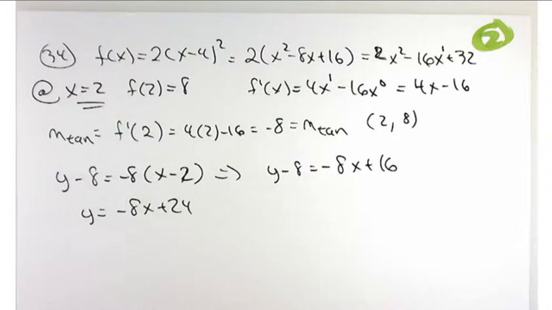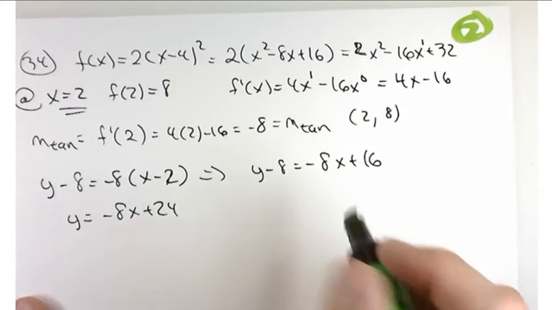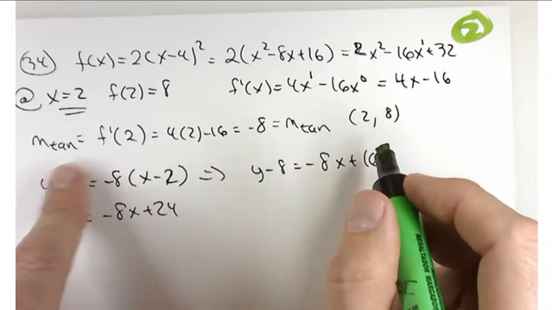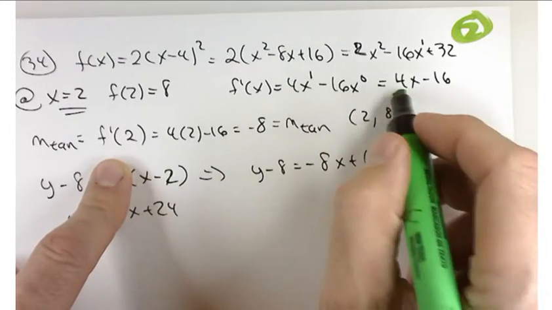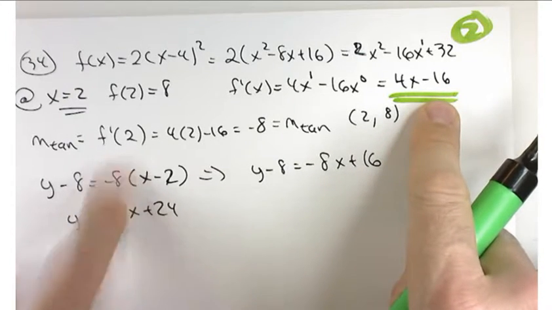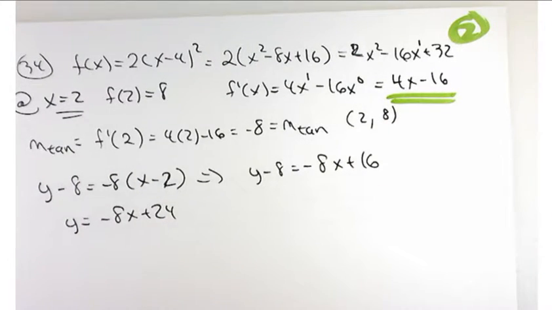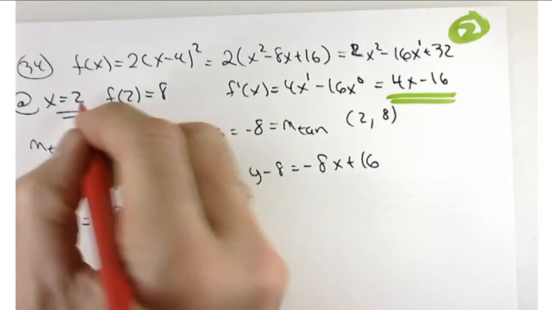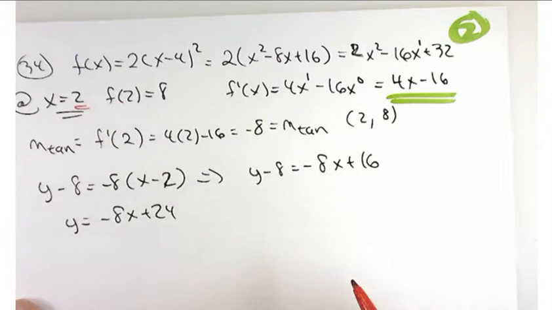Oh, well, there's really a couple steps. The first thing I did was I found this thing right here, which is the derivative. The derivative tells you the slope of the tangent line. So where did we want to find the slope of the tangent line? For what value? Yeah, at x equal 2. Good. So at x equal 2, we wanted to know the slope of the tangent line.